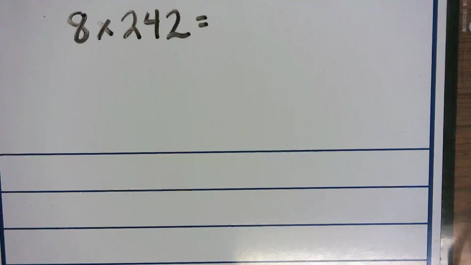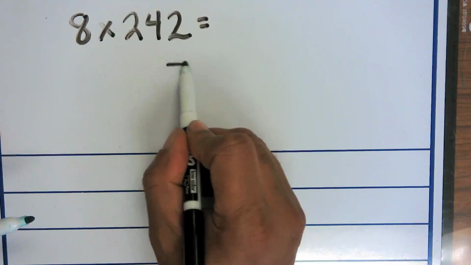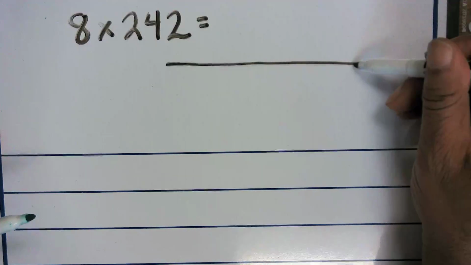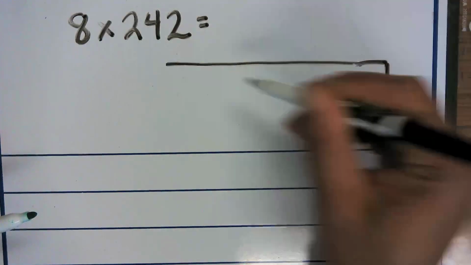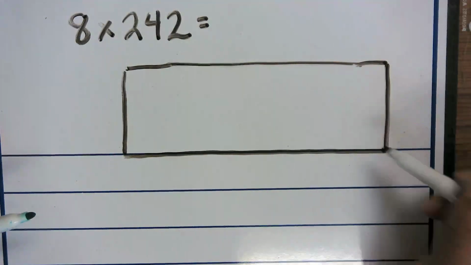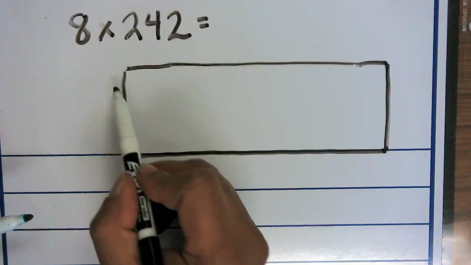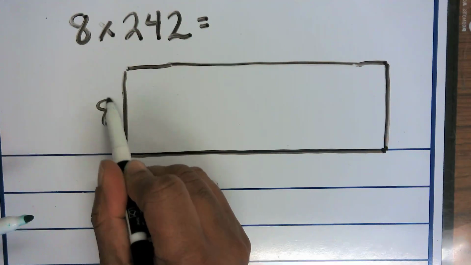So let's use our skill and build on our skill. Let's use a rectangular area model. This time I'm going to make it nice and big. I know this is 8 times 242, and I could place my 8 as the width.